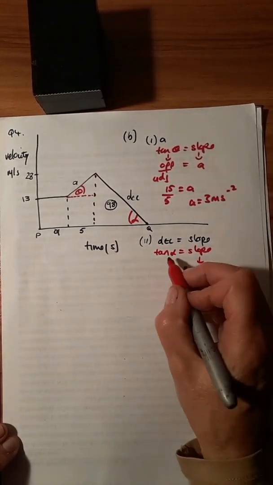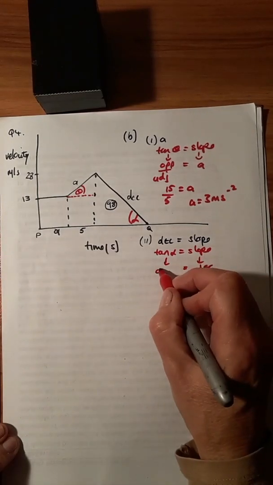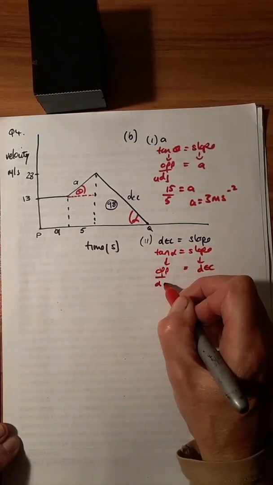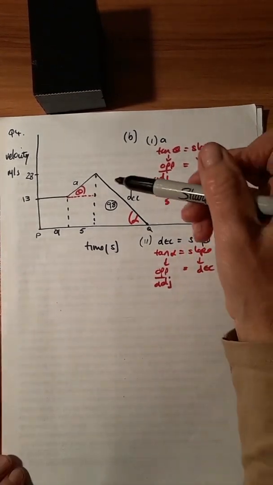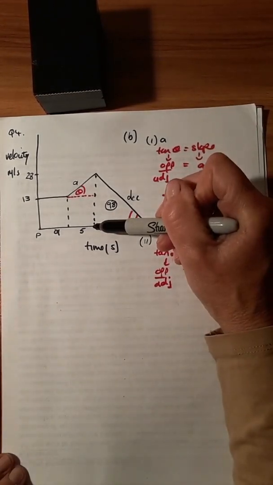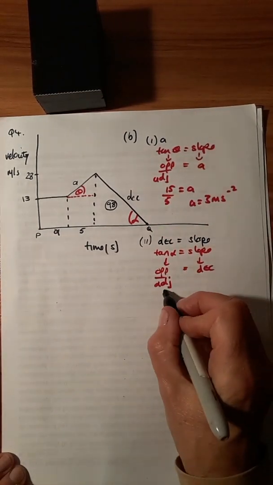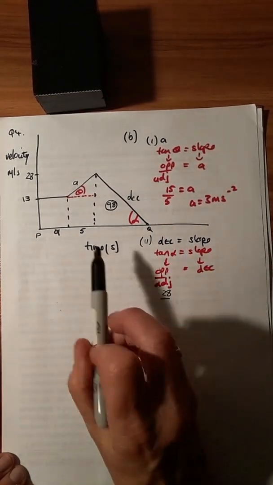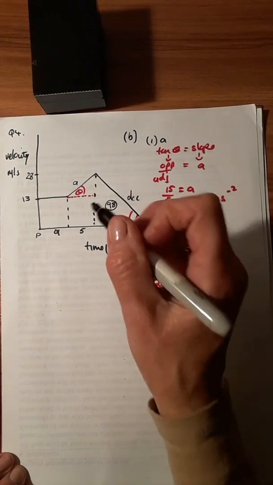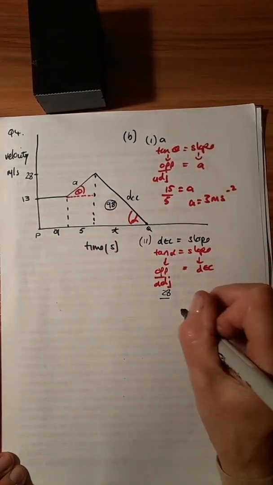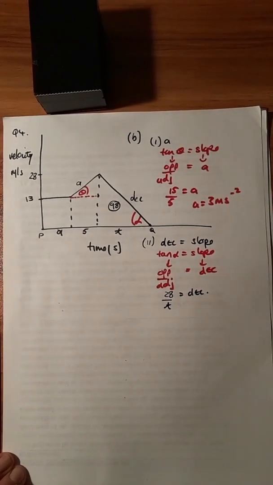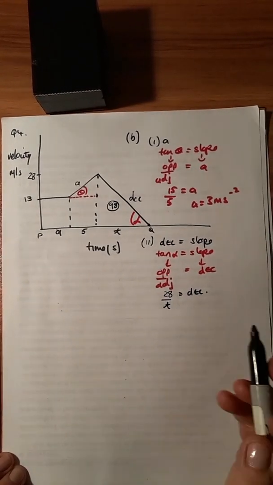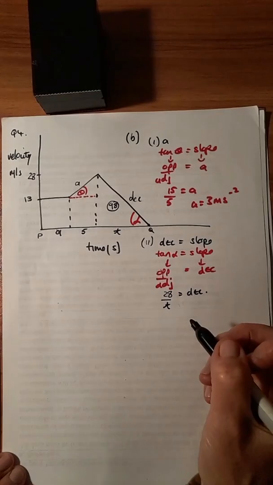So tan alpha is the opposite over the adjacent again. What's the opposite over the adjacent this time? The opposite is from 0 all the way up to 28, and the adjacent is from here to here. I'm going to call that T. I don't know what that is, so I've got an unknown. My next job is to find T.